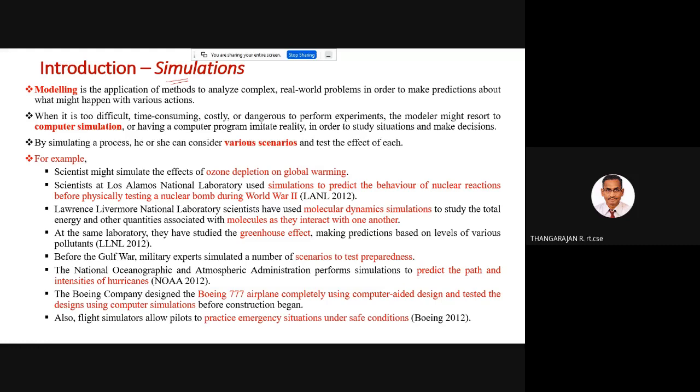Similarly, for a pilot who is getting trained. The pilot wants to get trained in takeoffs and landings at different airports, at different times, for example daytime, morning, afternoon, evening, night, and also in different weather conditions.